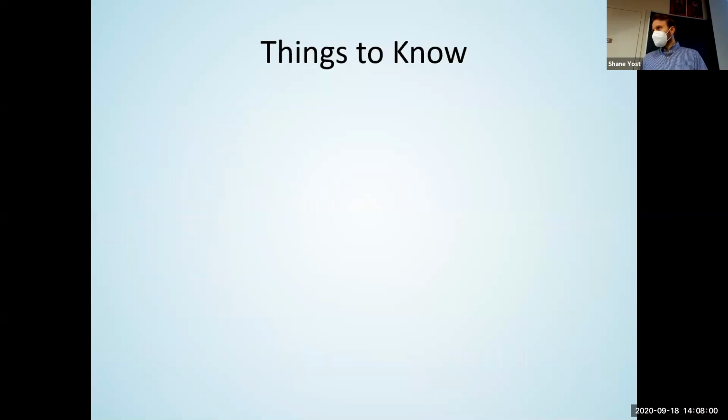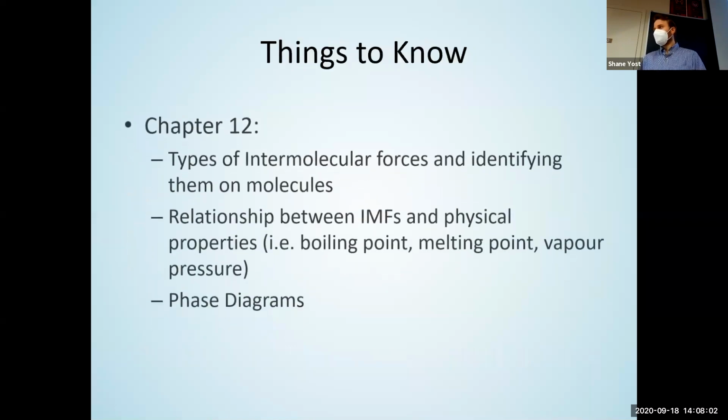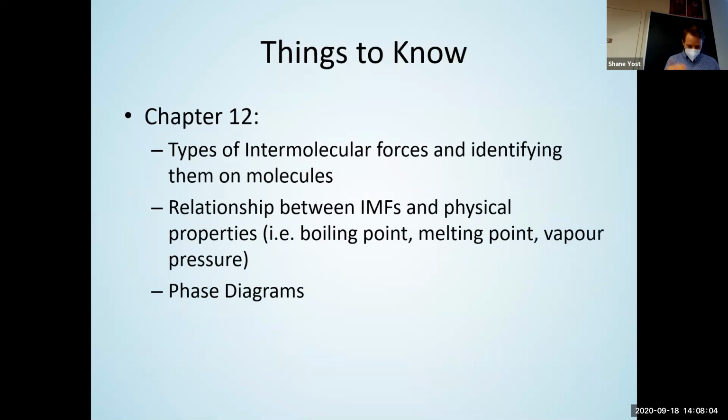In terms of things to know, I highlighted the main points of most of the chapters we have covered and are going to finish covering on Monday with chapter 14. For chapter 12, the main thing is knowing your types of intermolecular forces and identifying the dominant intermolecular forces for a given molecule.